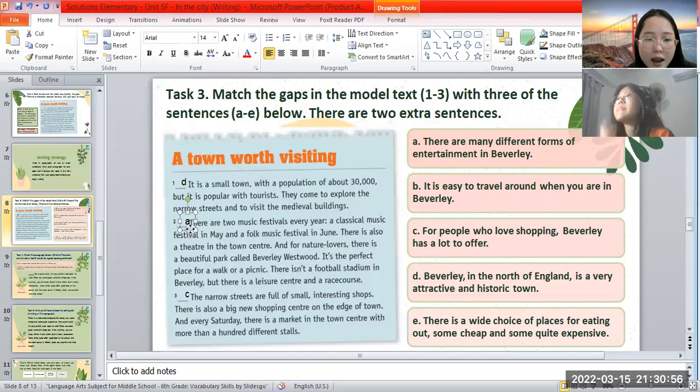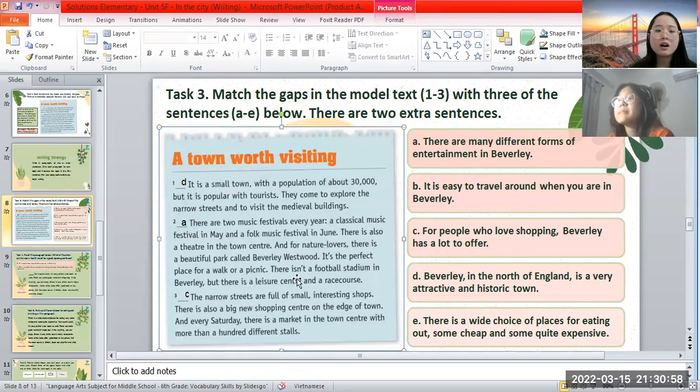In paragraph 2, there are 2 music festivals every year, a classical music festival and a folk music festival. When I hear about the festival, I definitely choose the entertainment.